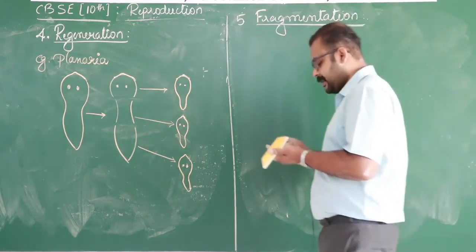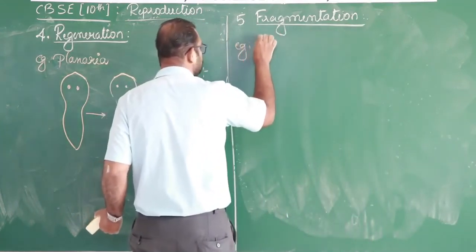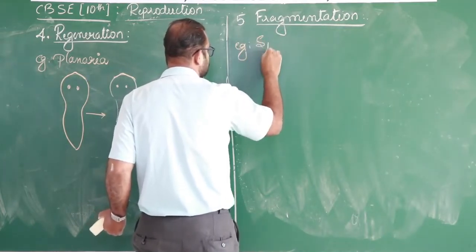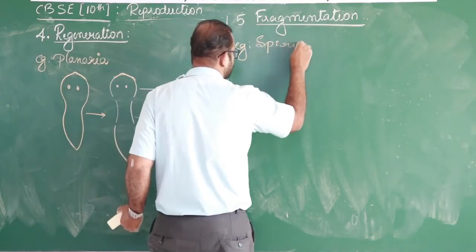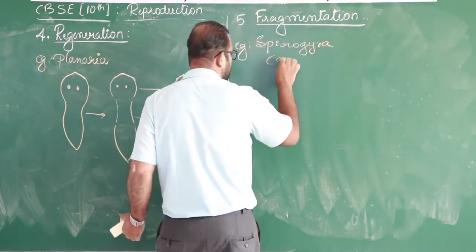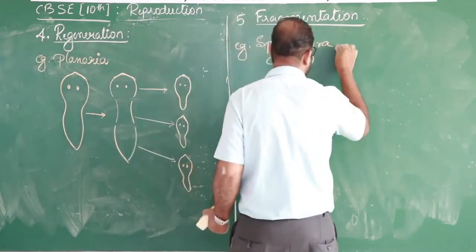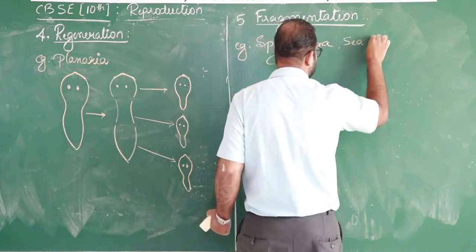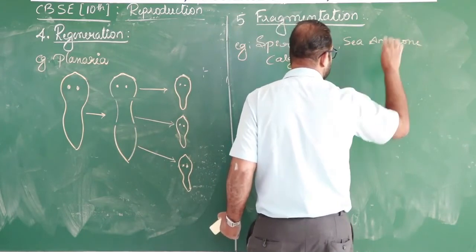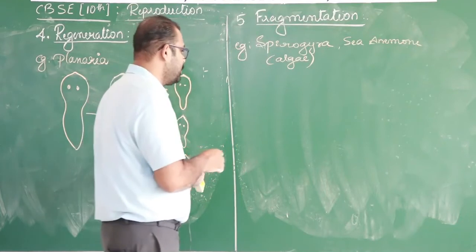Examples of fragmentation are Spirogyra, which is an algae, and one more, sea anemone. So this shows fragmentation. Let's see that.